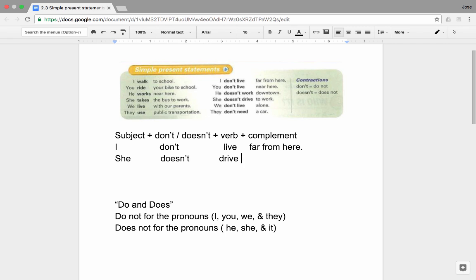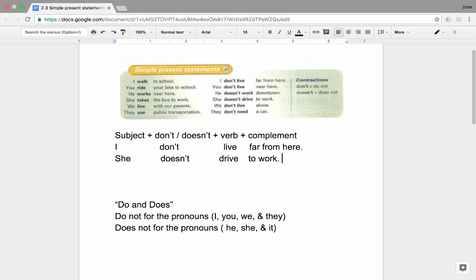In this case, I would like for you to notice that we don't add an s. And the reason is because we have an auxiliary verb. So every time there is an auxiliary verb, we will omit the rule of adding an s. To work is the complement.